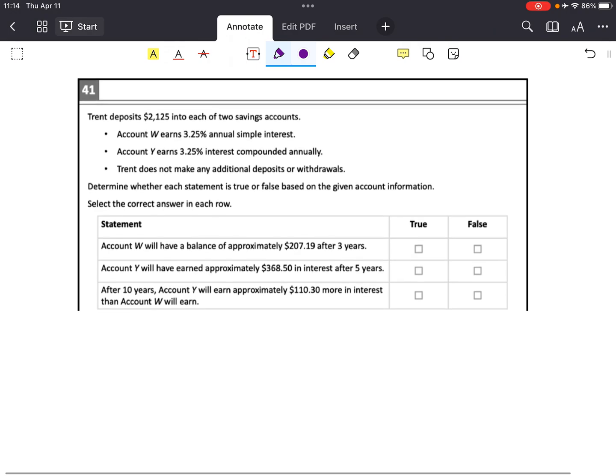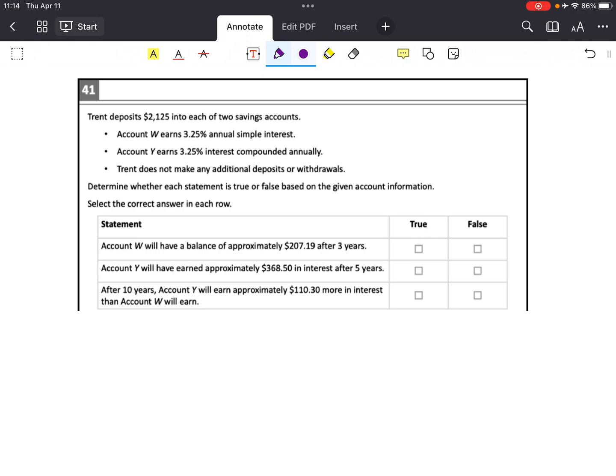All right, question 41 is all about interest. So Trent deposits $2,125 into each of two savings accounts. Account W earns a 3.25% annual simple interest. Account Y earns 3.25% interest compounded annually. He doesn't make any additional deposits or withdrawals.